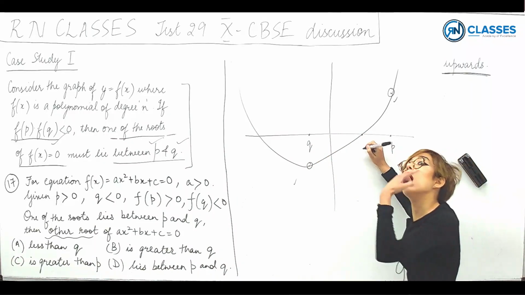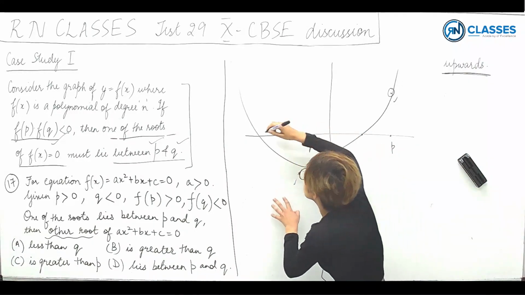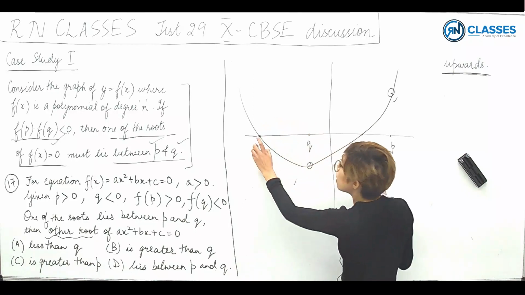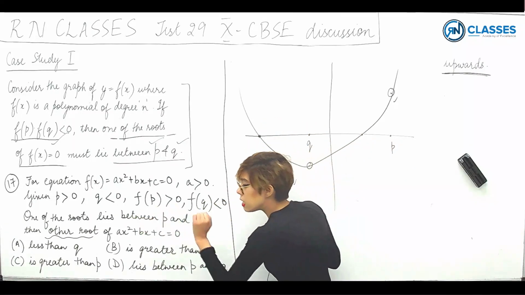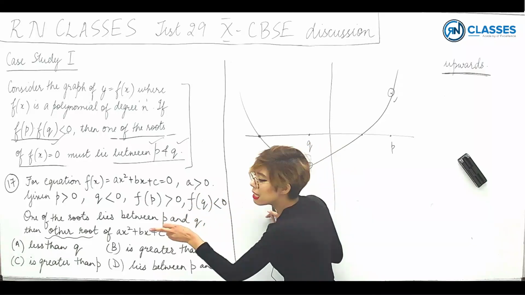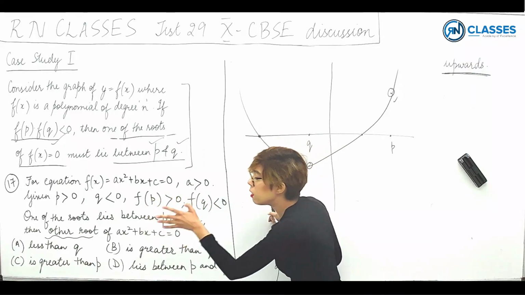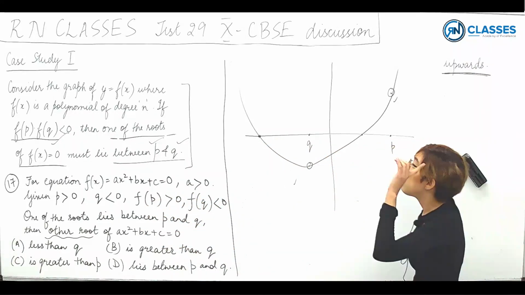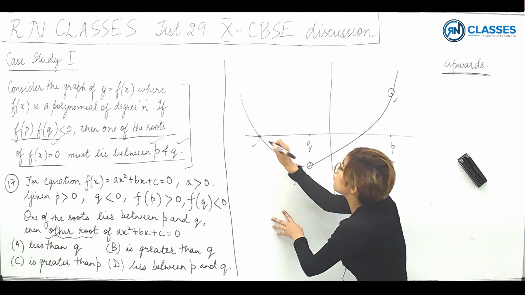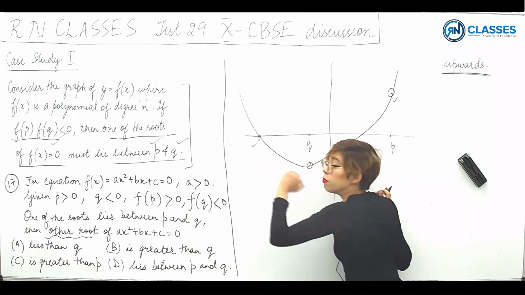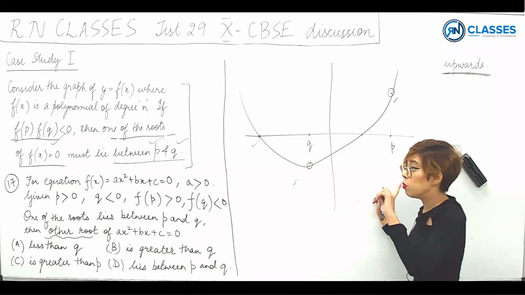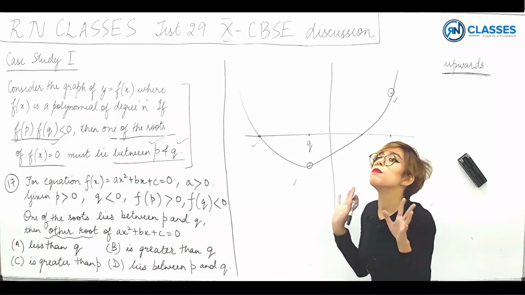I need to talk about the other root. Now, other root is here. Right? Now, is this root less than 0, less than Q, greater than Q, or greater than P, or whatever? You need to see. Now, as you can see, this root is definitely less than Q, right? Less than Q. Now, that means option A seems to be correct.